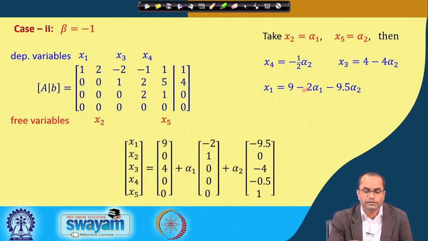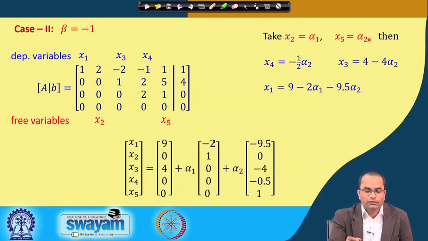From x1, for example, we have 9 minus 2, so minus 2 was with alpha 1. And with alpha 2 in x1 we have minus 9.5, which is taken here in this vector.